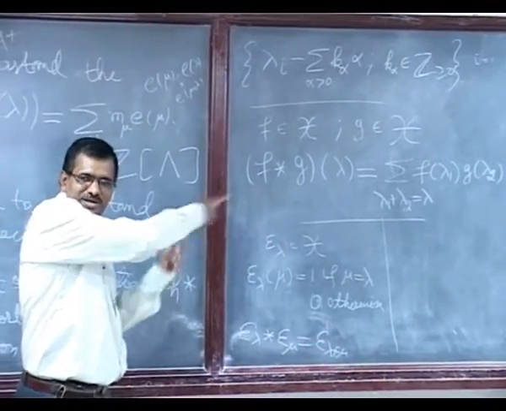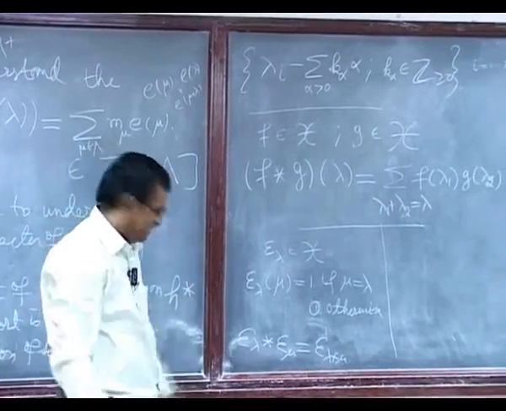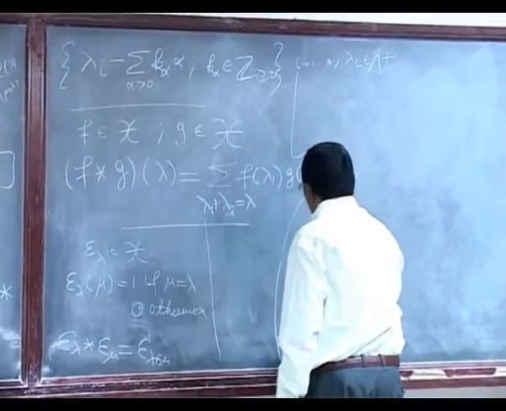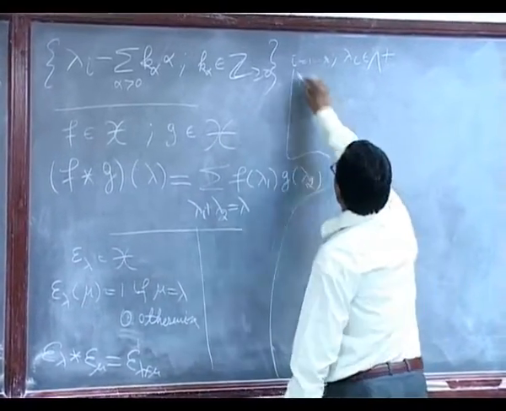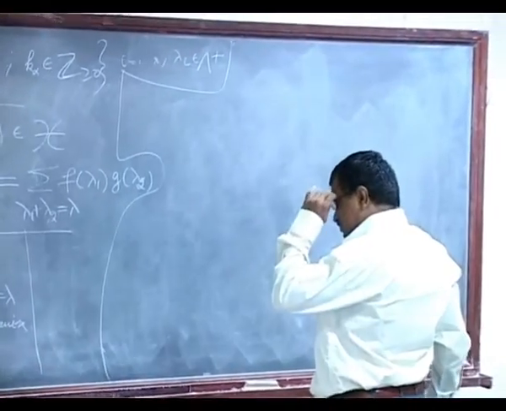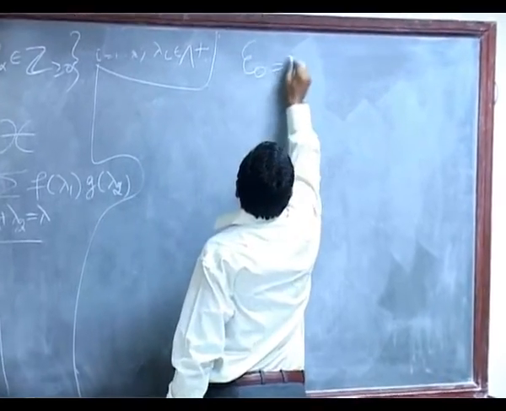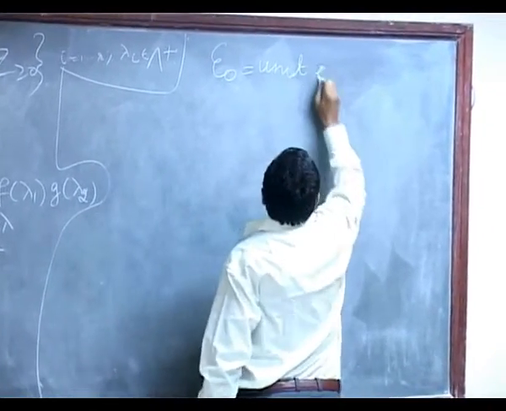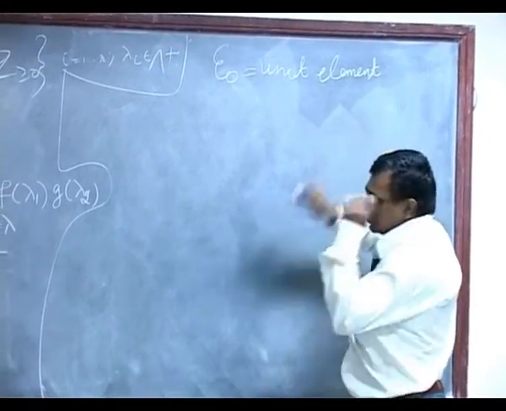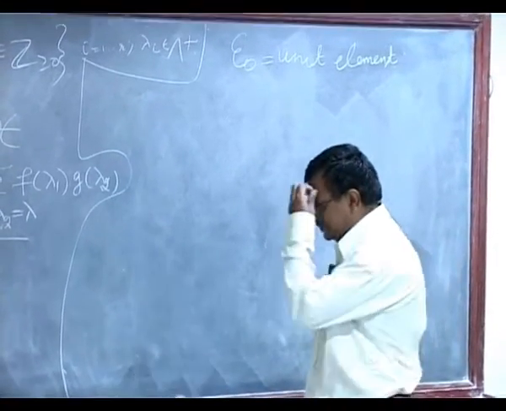Both should be 1, because otherwise that becomes 0. Note that epsilon 0 is the unit element, the one in the ring, which corresponds to the 0 element of lambda, that basis element.